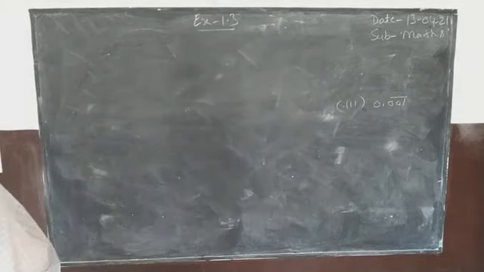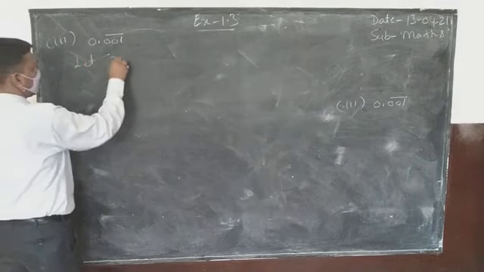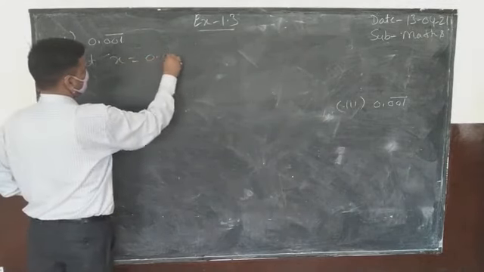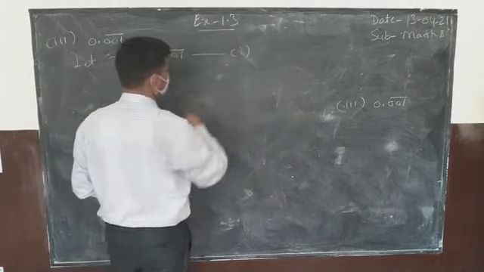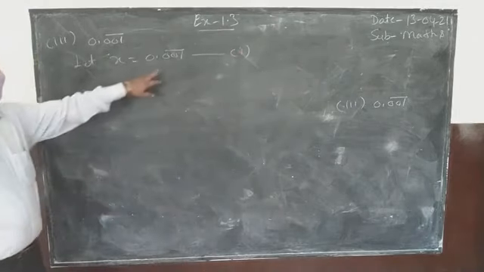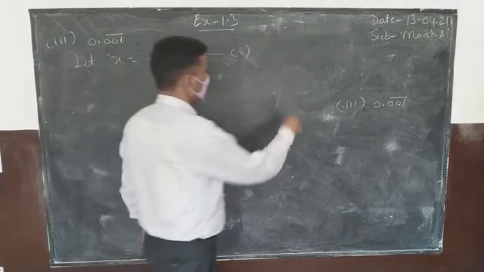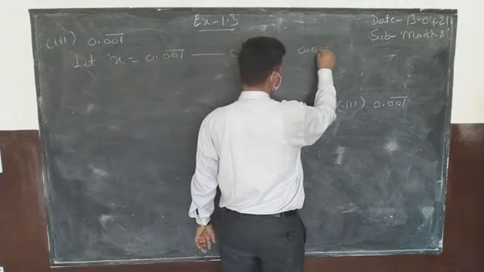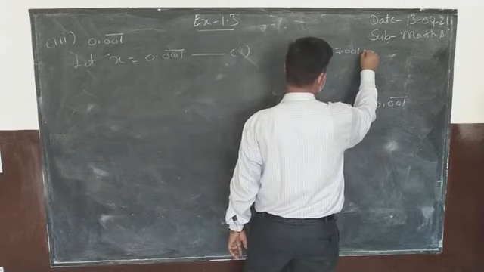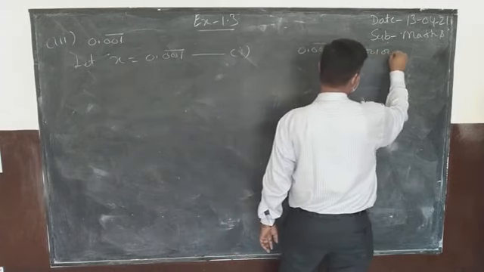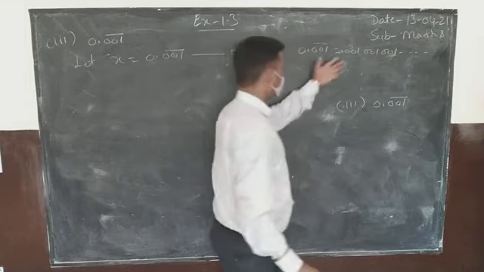You will first let x equal 0.001 bar. This is equation first. And you know the meaning of this: 0.001 bar means 0.001, 001, 001. In this way, this is the meaning of this part.